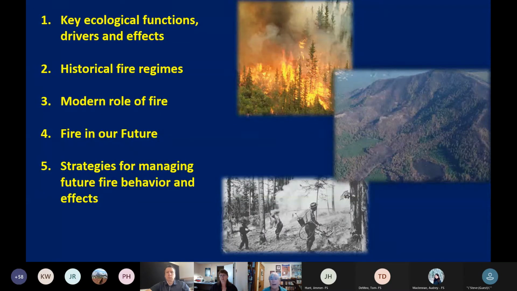Then I'm going to look to the past to see what fire's role in our past landscapes was, look at how we're interacting with fire today, and then take a look at what the potential role of fire might be in our future. Then I'm going to hand it over to Matt, and he's going to talk about, given what we know about our current and future fire relationship, how can we develop strategies for creating resilient landscapes?